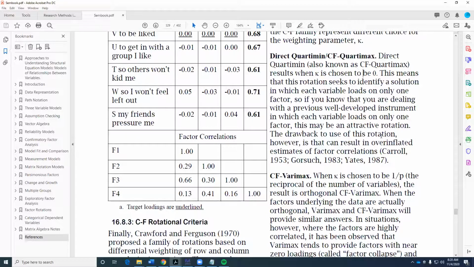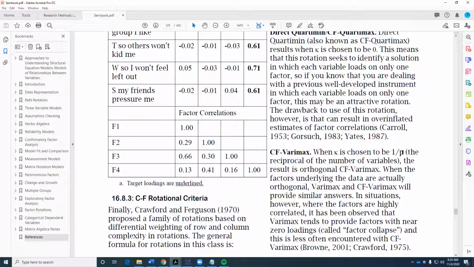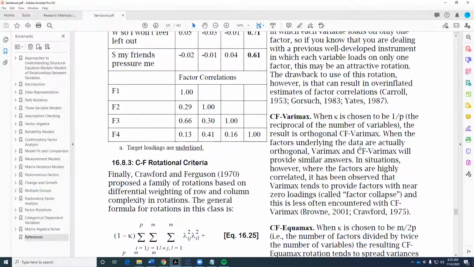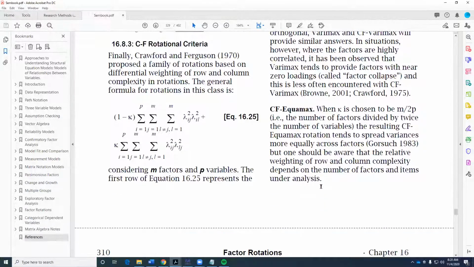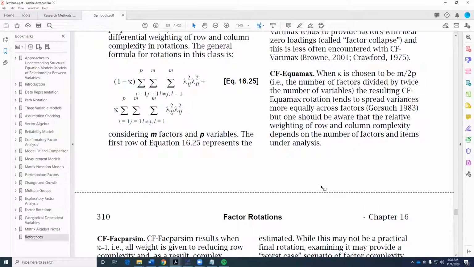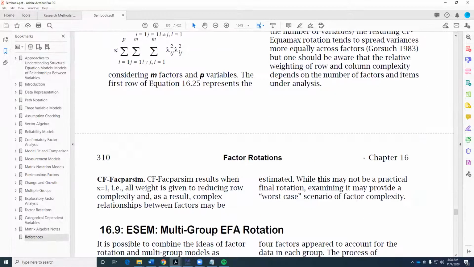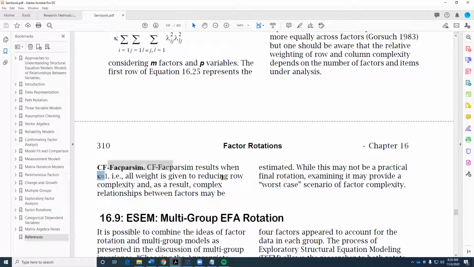And similarly, if kappa gets chosen to be 1 divided by p, where p is the number of variables, I get orthogonal CF Varimax, which is a kissing cousin to the Varimax rotation. And if I take kappa to be m divided by 2p, that's going to give me Equamax. So all of these things are special cases of this. And finally, if I do 1 for kappa, I get the parsimonious factor analysis.